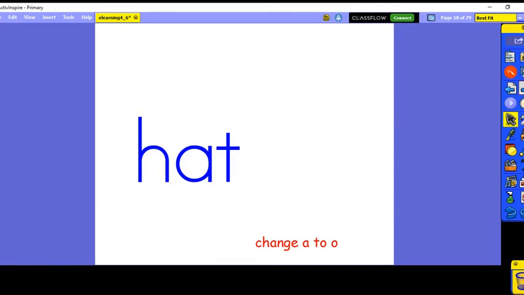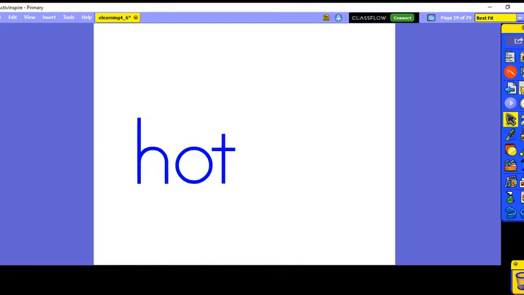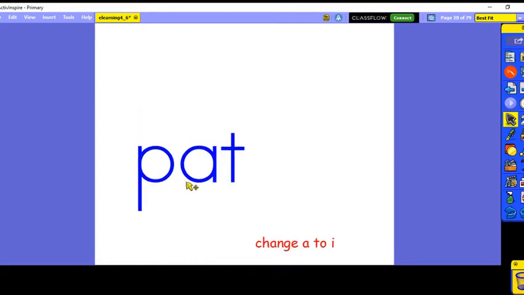Okay, now we're going to change some sounds in words to make new words. So let's see what this word is. At, hat. Let's change to ah. What word do we have? Hot. At, pat. Let's change to I. What word will we have?